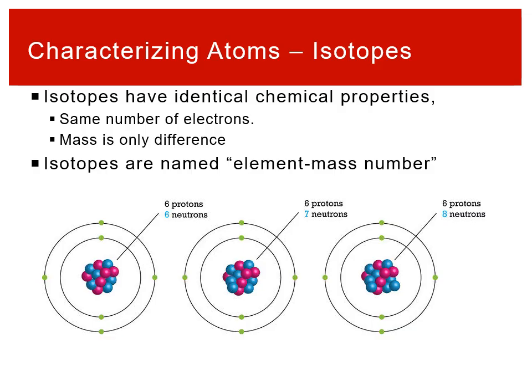When we define them and talk about their differences, we define them based on the element name followed by the mass number. So carbon 12, carbon 13, and carbon 14. You want to note this is a little tricky, because we have a tendency to assume that this number, 12, is the neutrons, but those are different.